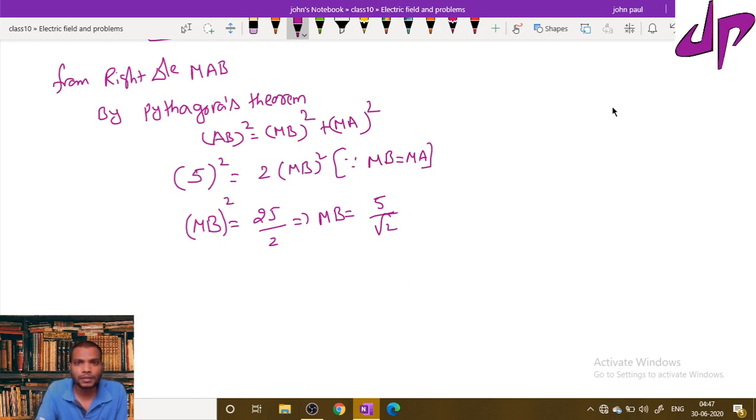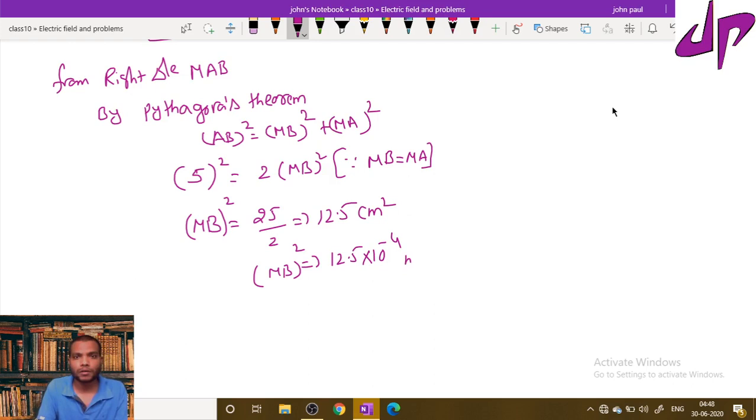I would like to write it not in terms of the root, since the square comes there. So MB squared is 12.5 centimeter squared. Converting to meters, MB squared equals 12.5 times 10 power minus 4 meter squared.